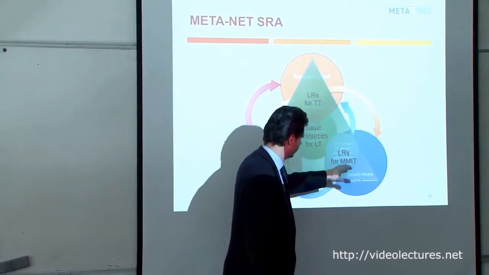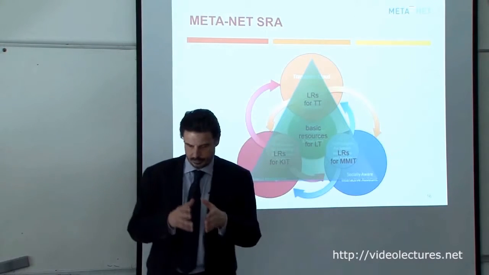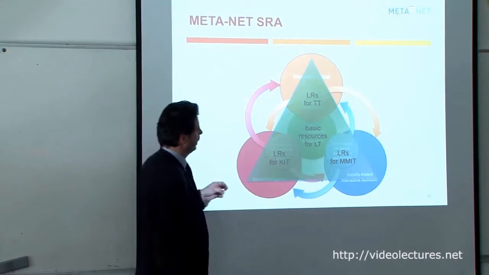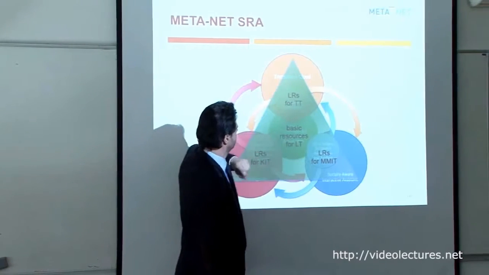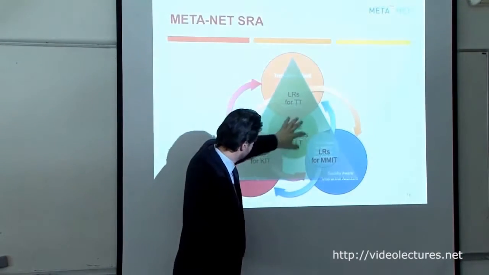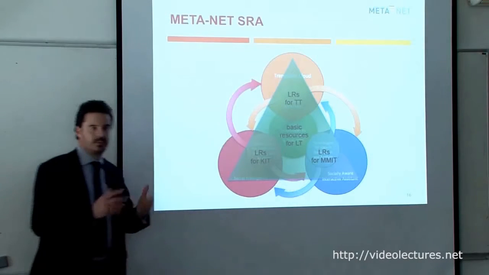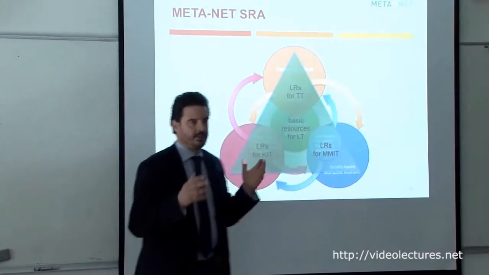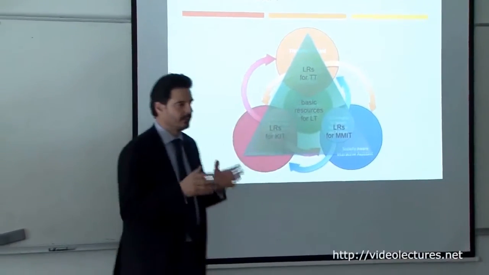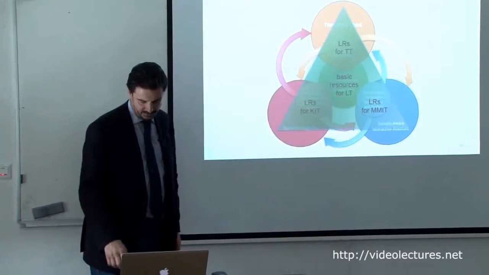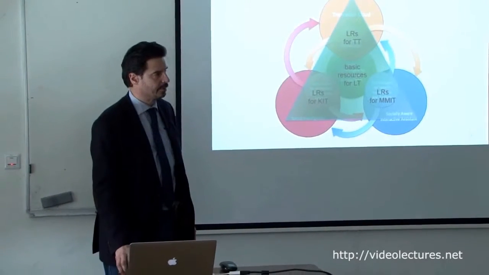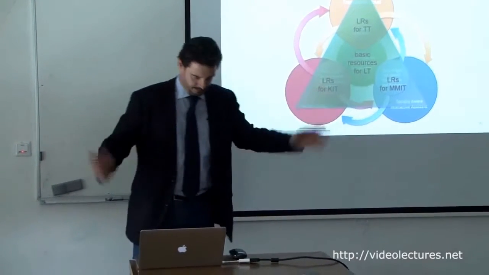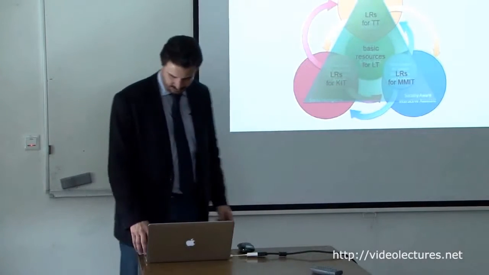We need language resources specifically tailored for multimedia information technologies, and we need them for translation technologies. But in the middle you have basic resources for language technologies, which are really basic. That means you need corpora, you need digital lexicons, and so on. And not just that, they have to be more and more organized, not just a bunch of digital text put together.